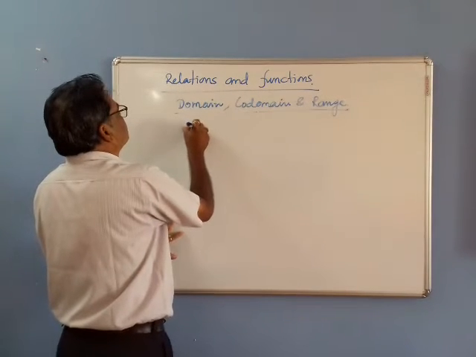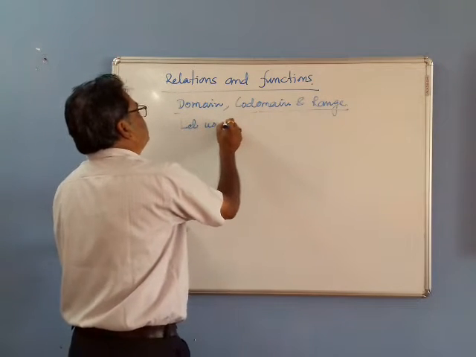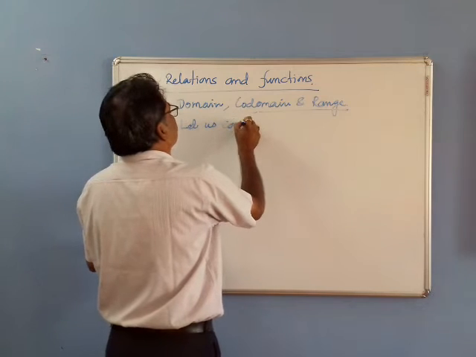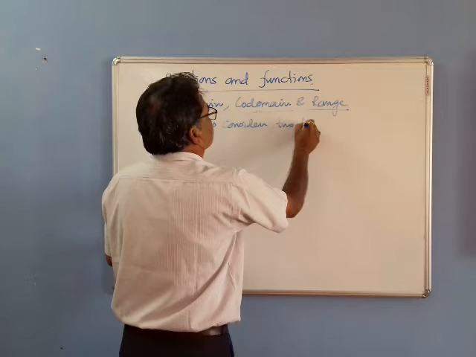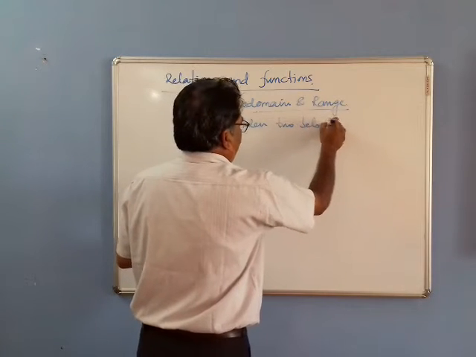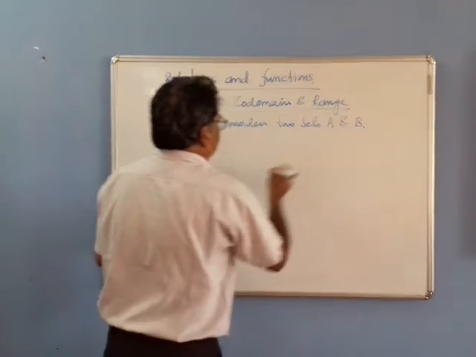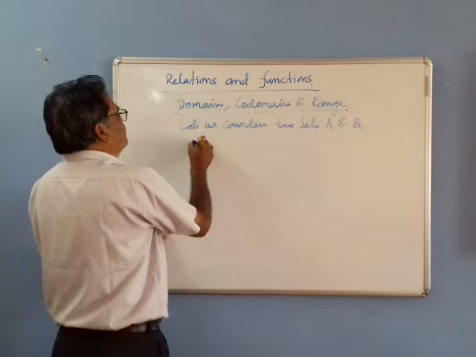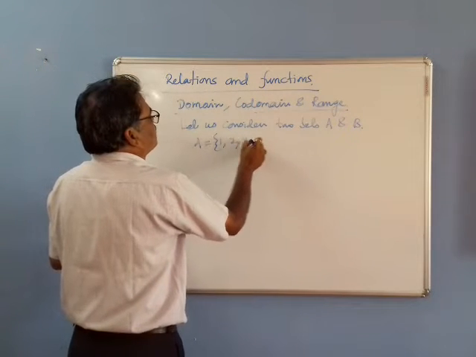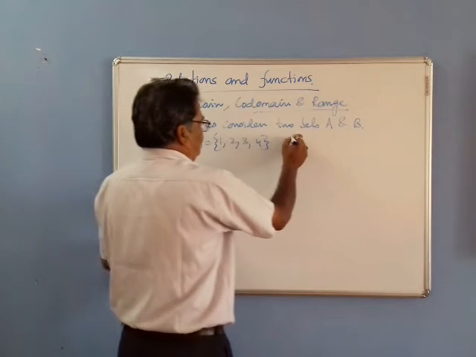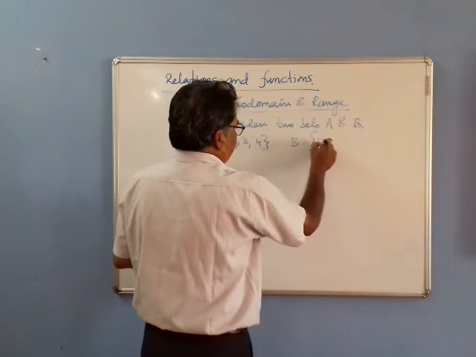Let us see. Just now we have already seen an example. Let us consider two sets A and B. A has elements 1, 2, 3, 4. B has elements 2, 4, 6.